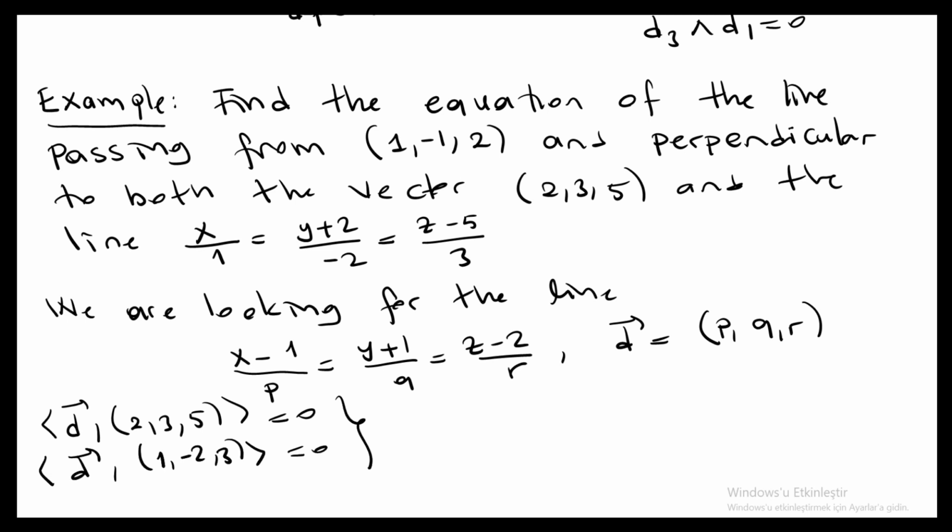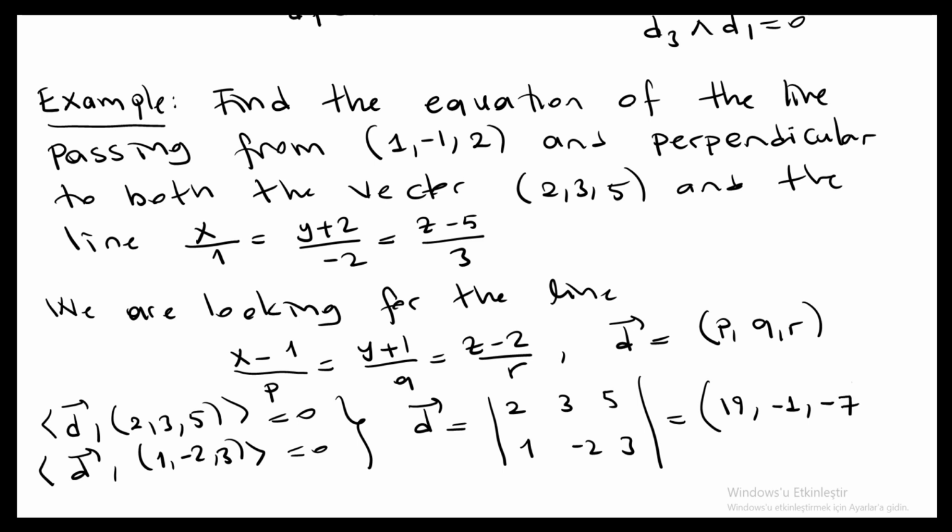So d will be the cross product of (2, 3, 5) and (1, negative 2, 3). Then I can find this: 9 plus 10, 19. Then 5 minus 6 is negative 1 and negative 4 minus 3 is negative 7.